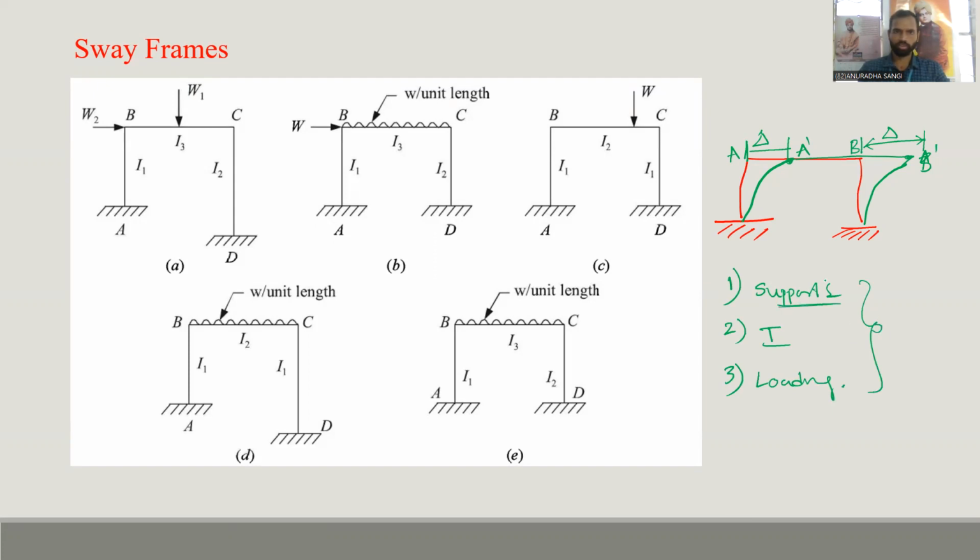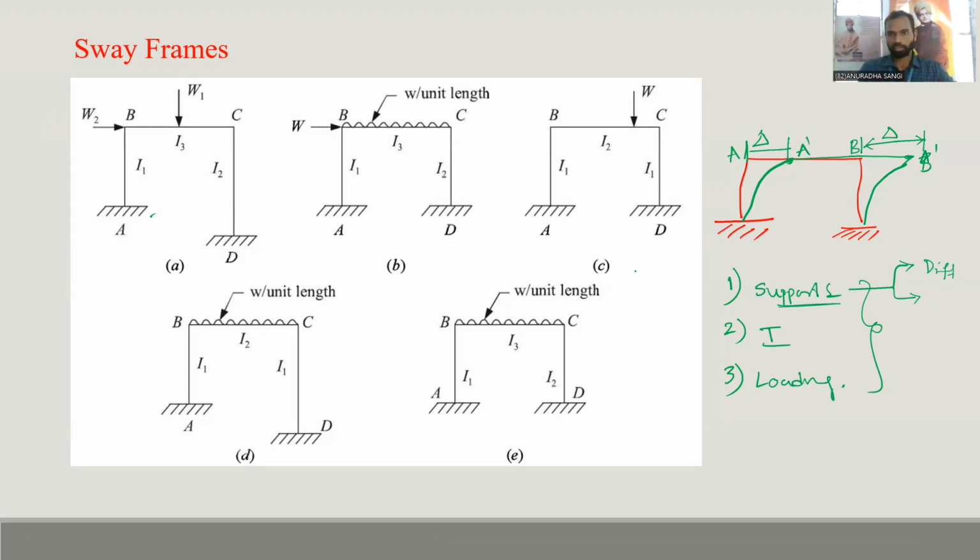If the supports are of different types, like a hinged support, roller support, or fixed support, say one end is fixed and another end is roller, then the frame may sway. There is a chance of sway in the frame. If one end is fixed and the other end is hinged, there will be a chance that the frame may be a sway frame.